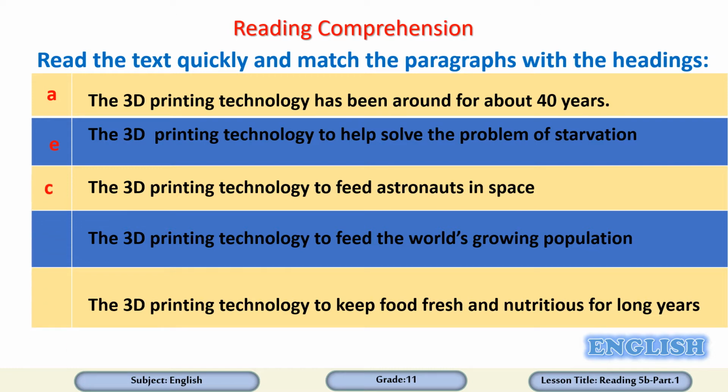Very good. It's paragraph C. Heading 4, the 3D printing technology to feed the world's growing population. Which paragraph? Excellent. It's paragraph B. Finally, the 3D printing technology to keep food fresh and nutritious for long years. It's, of course, paragraph D.